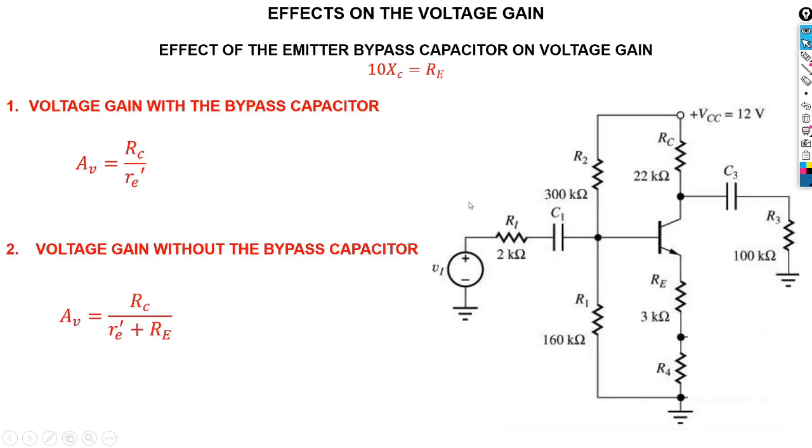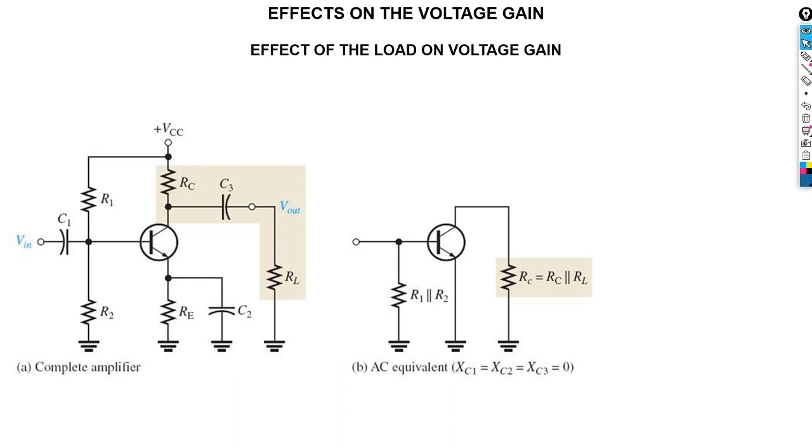Now we're going to have a look at the effects of the load on the voltage gain. So as you can see, a load is this R load. Okay, because if we connect our load here, you're gonna see that our RC and this R load will be in parallel, so therefore we have to calculate RC parallel.